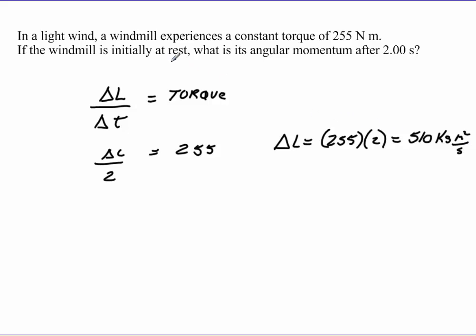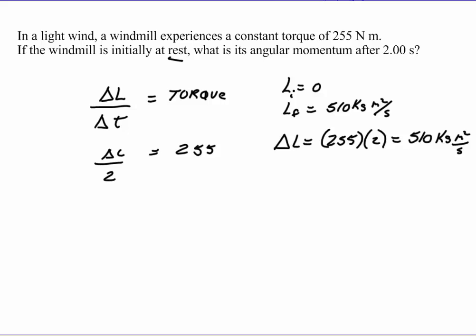Initially it was at rest, so my initial angular momentum would equal 0. My final, in this case, would equal 510 kilograms meter squared over seconds. Could the units for angular momentum also be in newtons? Yeah, it's the same thing. If you went through the unit conversions, you can get back to this.